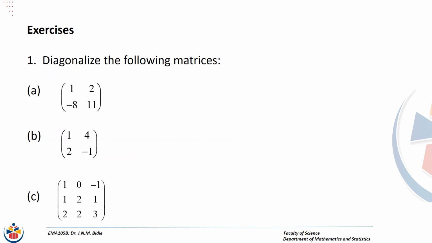Now we come to exercises. The first one says diagonalize the following matrices. I would be interested in how you will be able to achieve that. And then we go to number 2 as well as number 3.